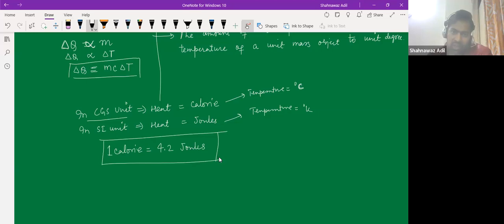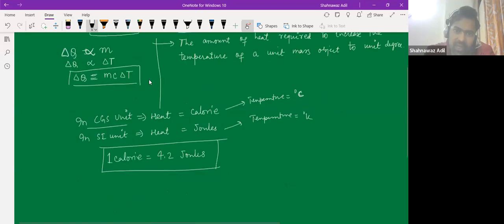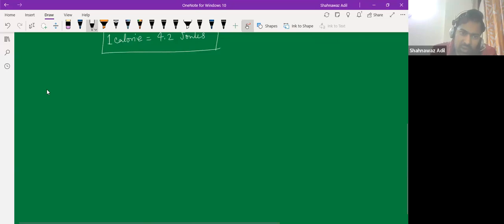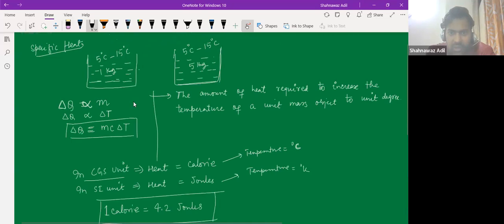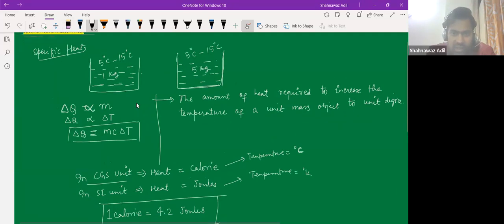Okay, so this is called the specific heat, and we have this molar specific heat also, right? Oh, the time is already over. So we will talk about these things in detail in the next classes, right? These are very crucial.